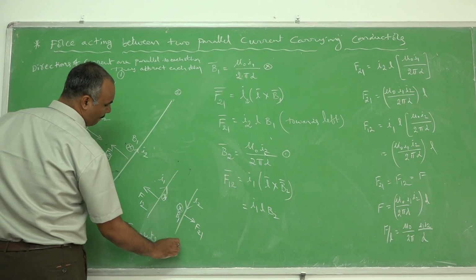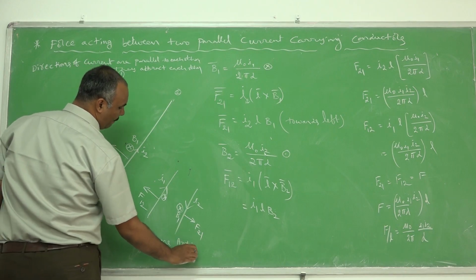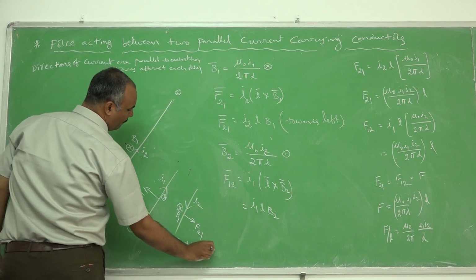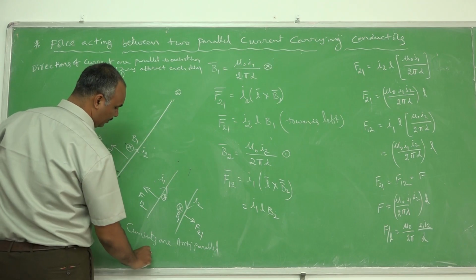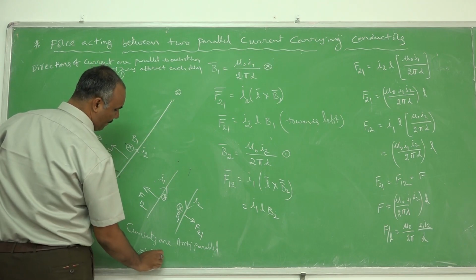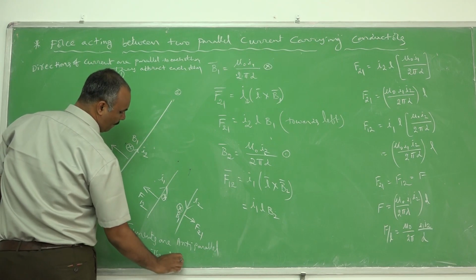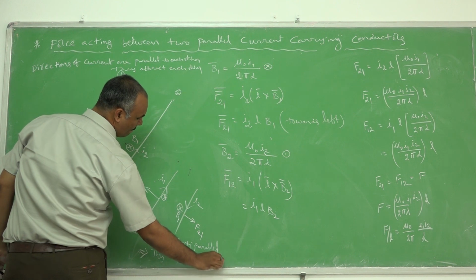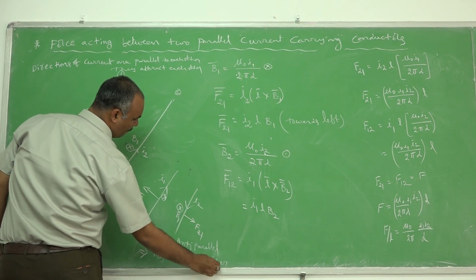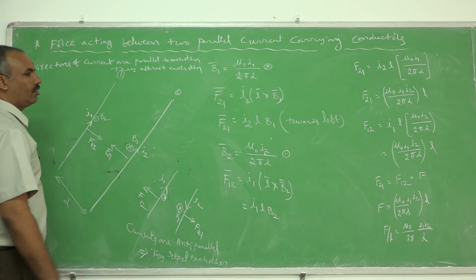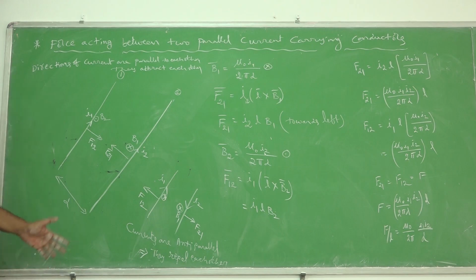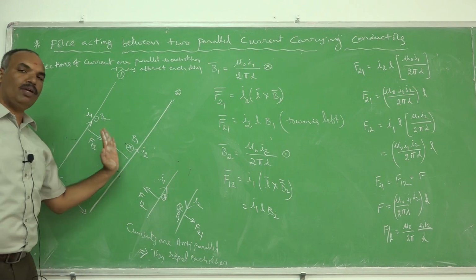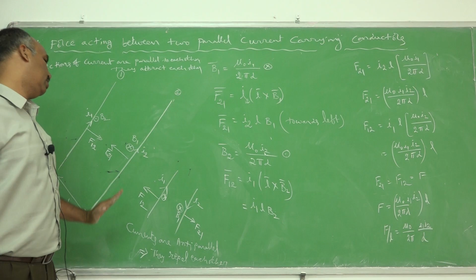Currents are anti-parallel implies they repel each other. So two conductors will attract each other if currents are moving parallel to one another.